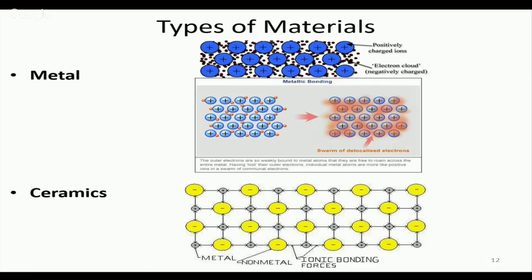So we have metals, and we know metal has metallic bonds, and it is a molecular network again. Ceramics have ionic bonds and are also a molecular network.